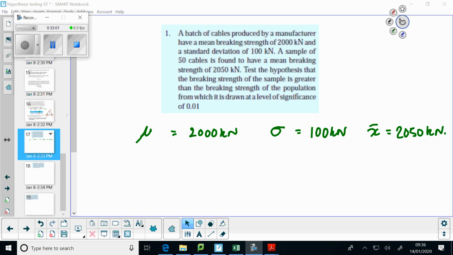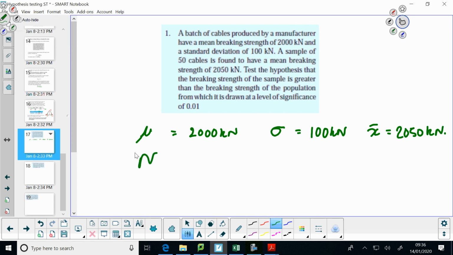So that's your sample mean, x bar. And then you've been given a standard deviation of 100 kilonewtons, and your sample size, n, is 50. So let's put that on there as well: n is equal to 50.